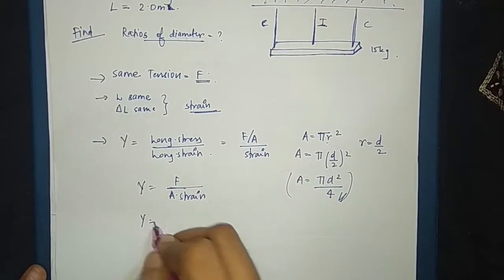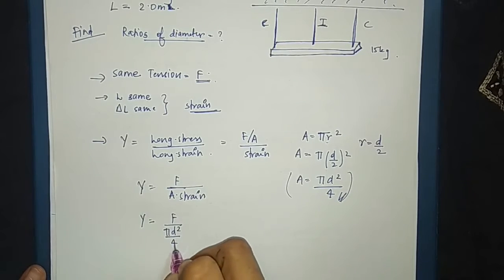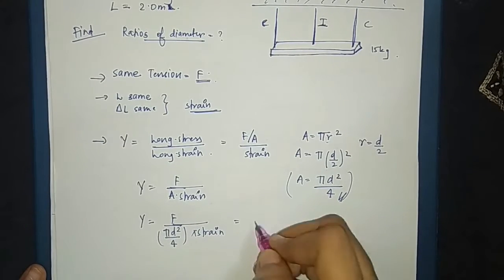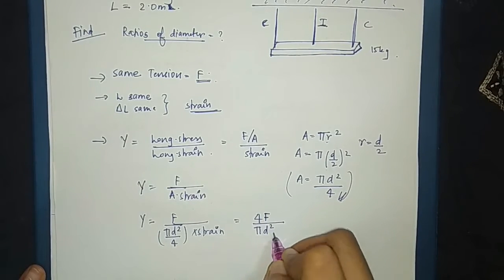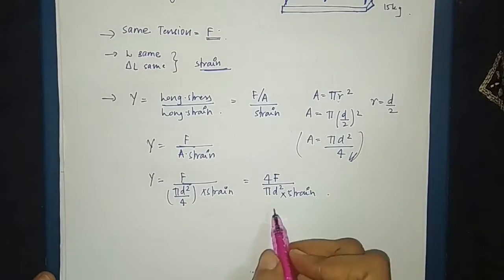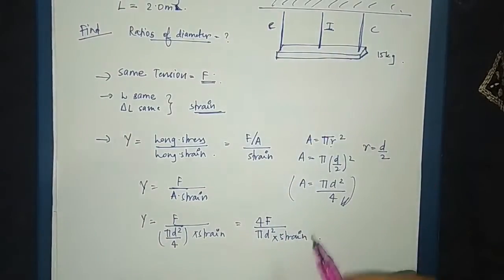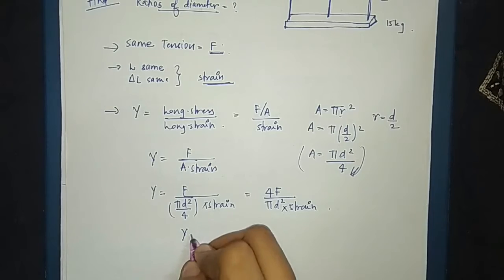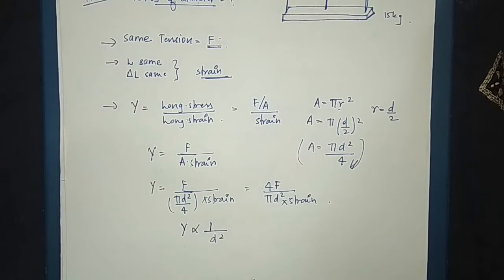So let's plug in. Young's modulus is force by pi d square by 4 times strain. Rearranging, it's 4F upon pi d square times strain. As the force on all the wires, iron and copper, is the same, and the strain is also the same, and pi is a constant, Young's modulus is inversely proportional to the diameter square.